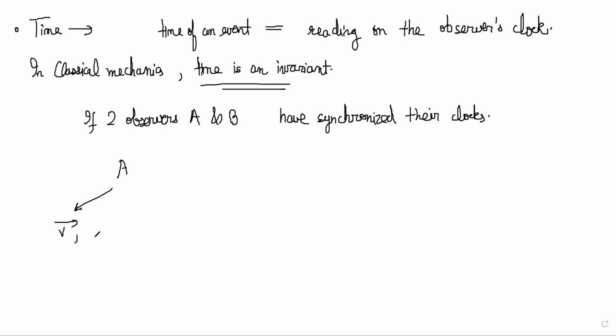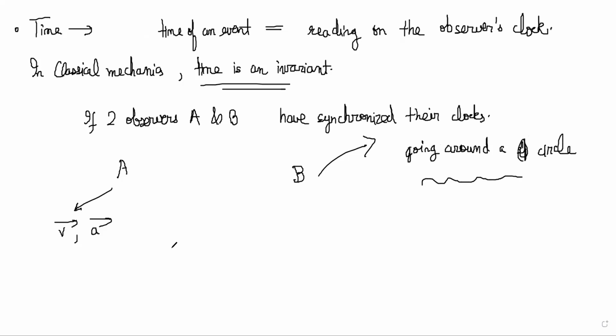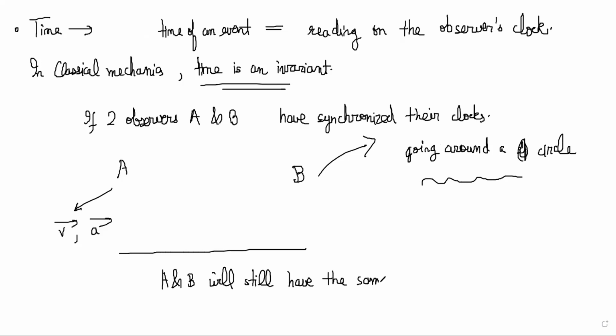He goes around with having some velocity, some acceleration in some arbitrary direction. B was doing other things. He was going around a circle, or he was traveling with a constant speed, or he could do any sort of motion. At the end of that experiment, A and B will still have the same time on their clocks.